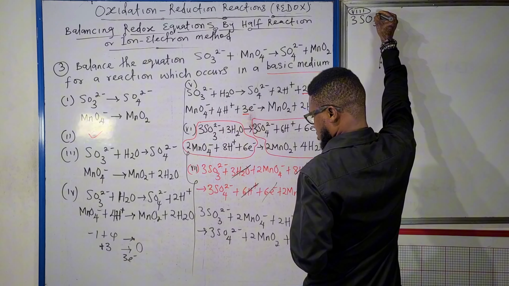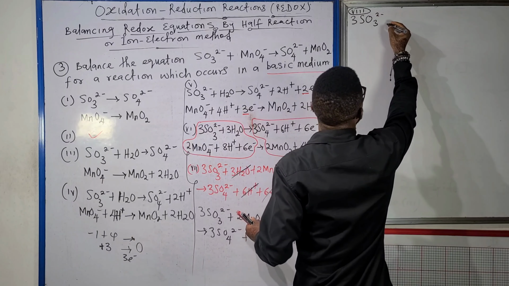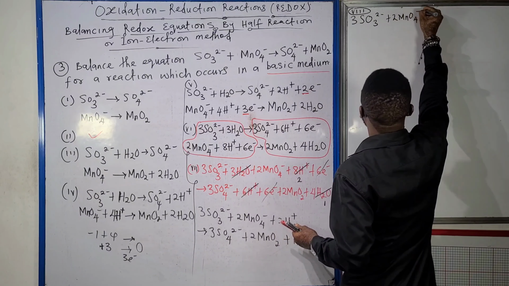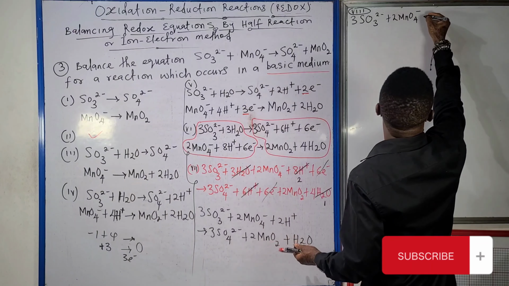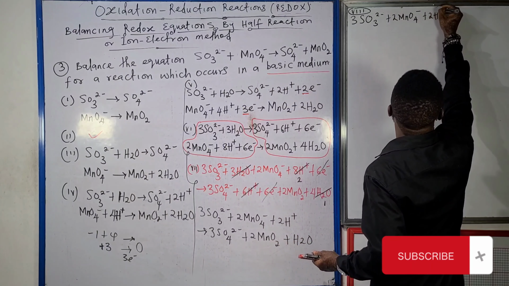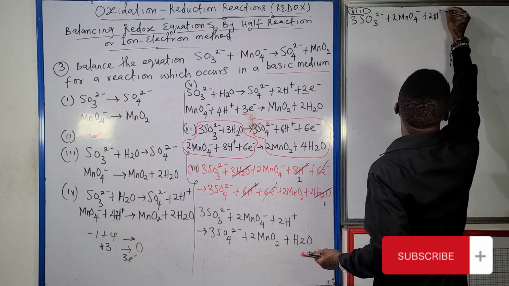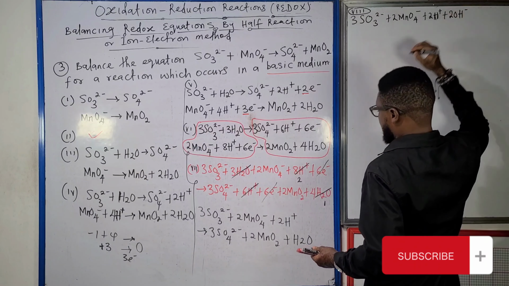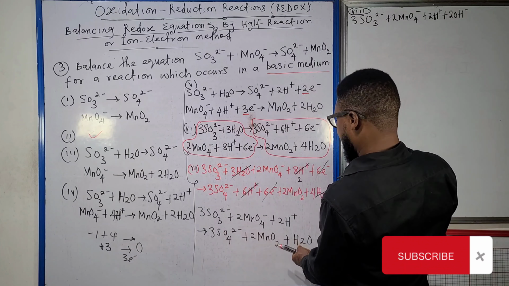3SO3 2 minus plus 2MnO4 minus plus 2H plus, because of the hydrogen ion, I'm going to be adding 2 hydroxyl ion, but I'm going to be adding that to both sides.